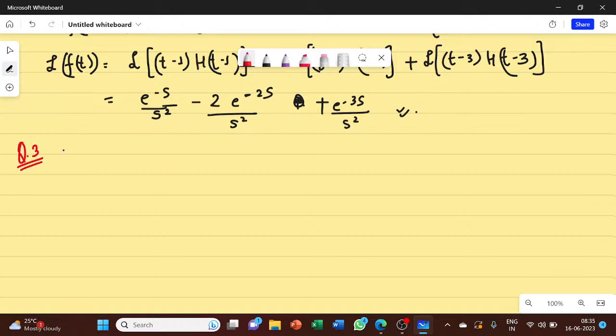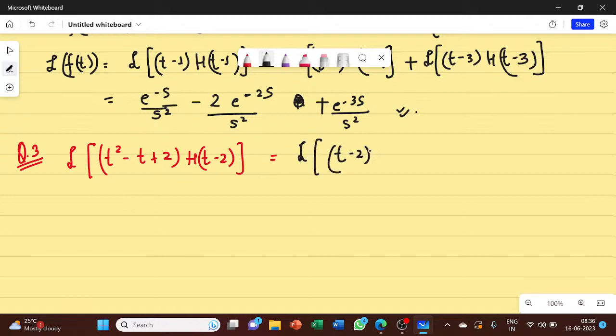So in this question, try to find me the Laplace transform of t square minus t plus 2 into h of t minus 2. How to find it? As I told, here you have h of t minus 2. I'll try to write each of these things in terms of t minus 2. So this is t minus 2 whole square, which gives t square minus 4t plus 4.